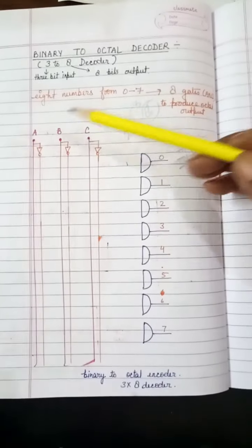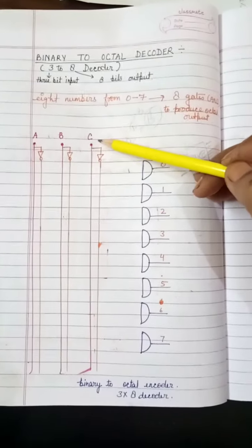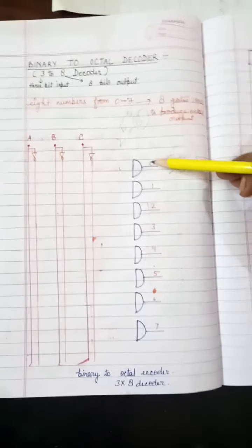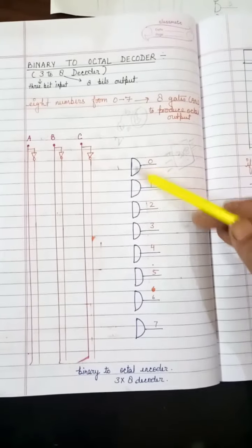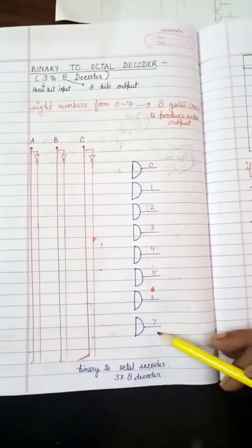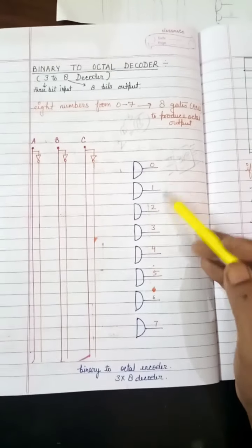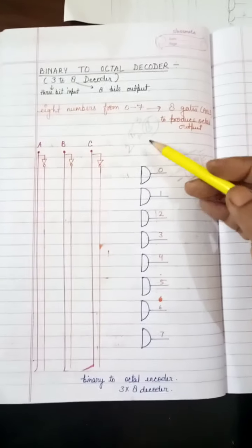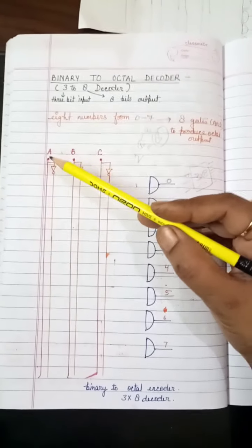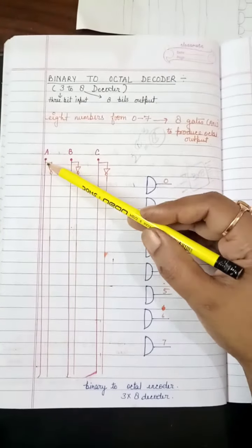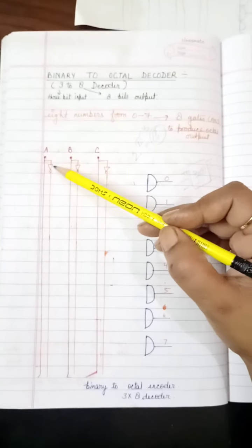Now come to the diagram. As 3 input lines are there, A, B, C I have taken, and 8 output lines in total from 0 to 7. So 8 AND gates, 0, 1, 2, 3, 4, 5, 6, 7. Each will produce 0, 1, 2, 3, 4, 5, 6 or 7. From each of the input lines, there are actually 2 lines. One is uncomplemented and one is complemented.